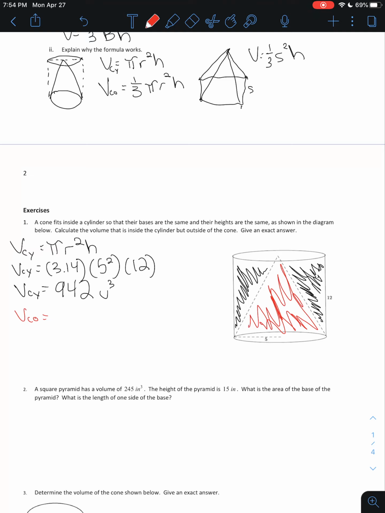So really everything is the same: pi times r squared times height. But if you remember, we said a cone is 1/3 as big as the cylinder.